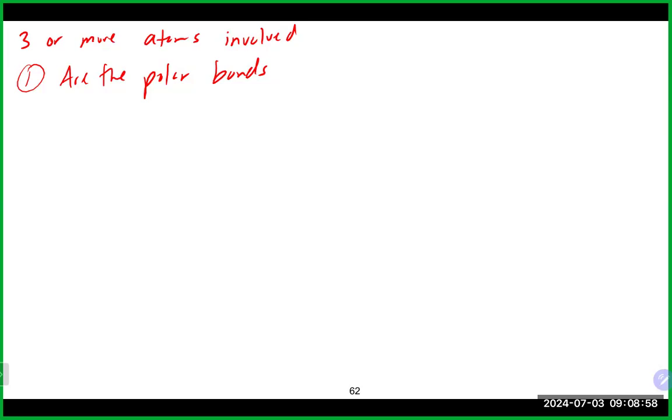But if you do come across something that has polar bonds and it's three or more atoms, then you need to move on to the second thing to look at, which is the molecular geometry, or the shape. So for example, if we look at our friend CO2, let me draw it.